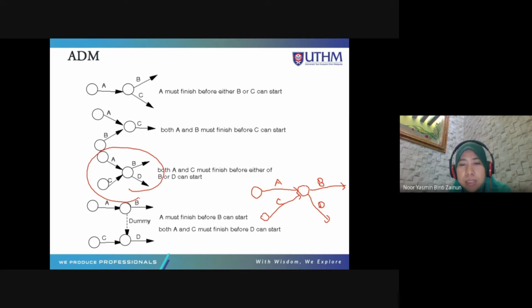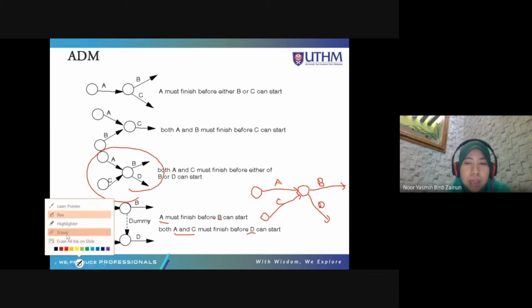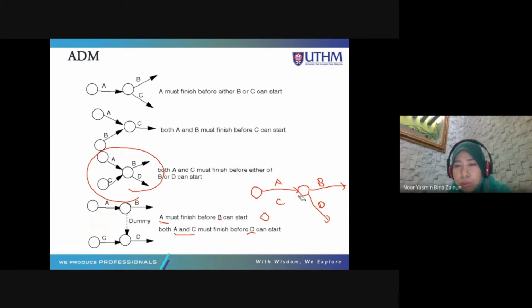Both A and C need to be finished before B and D can start. However, the problem here is that only D can start after A and C, but B can start after A finishes. So we need to create a dummy to show this relationship.